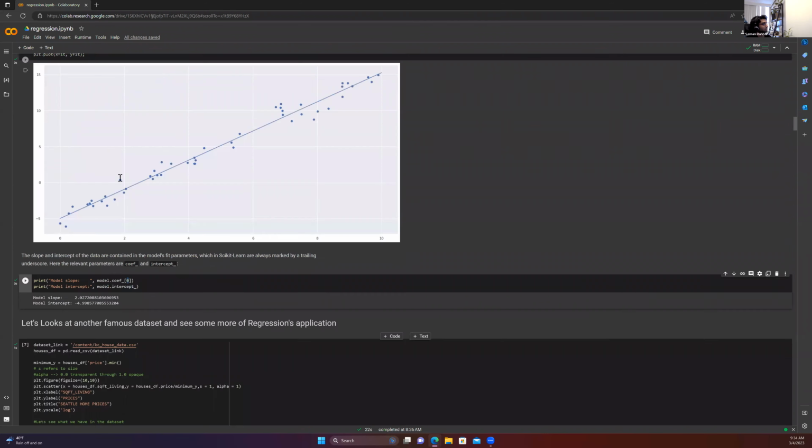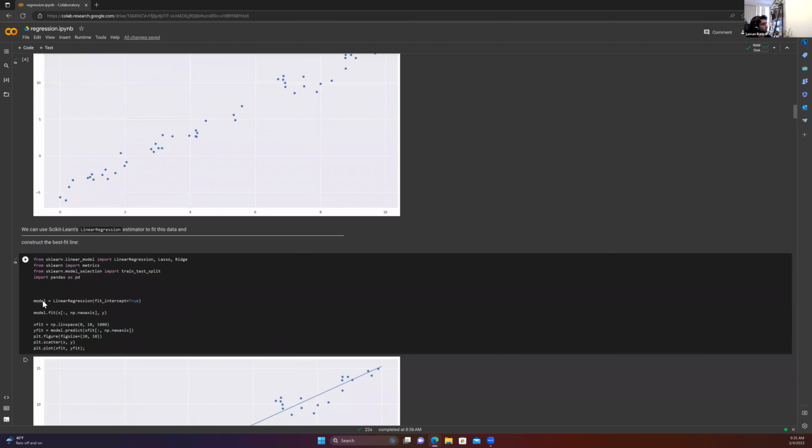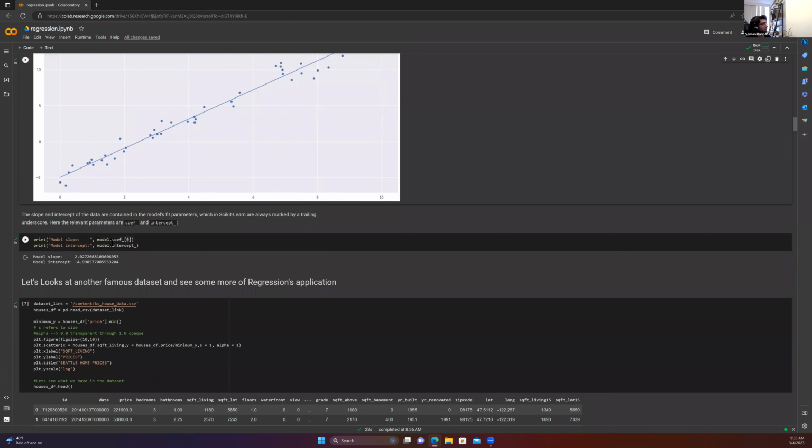The way you do that, we use this linear regression API and fit it to these data points, X and Y. So now we have this model. If I want to see the coefficients, I will call coef with the underscore. The first element will give me the slope, and I can also get the intercept. It will give me the intercept and the slope of this line.